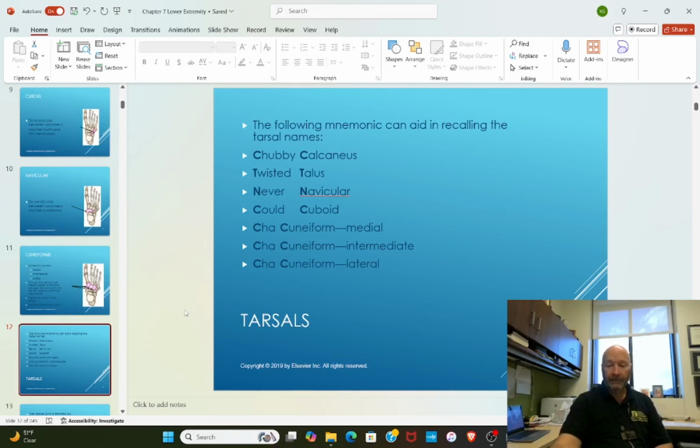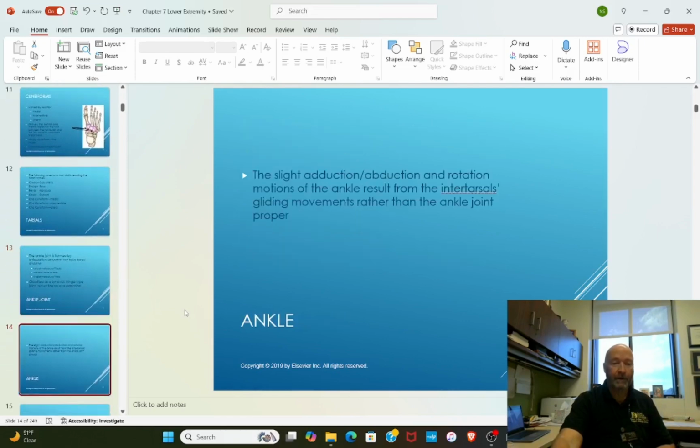So again, if you view the first lower extremity video that I recorded yesterday, you'll see on the oblique that you can see the joint space all the way around the cuboid if the oblique is positioned properly. So that's all I'm going to say about that.